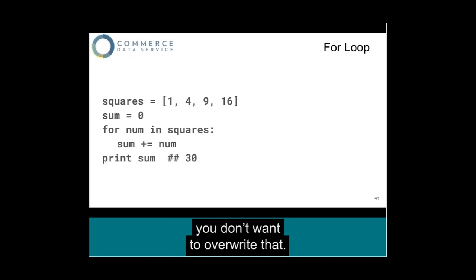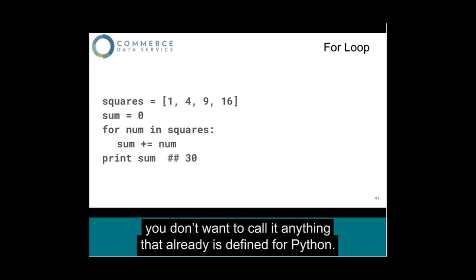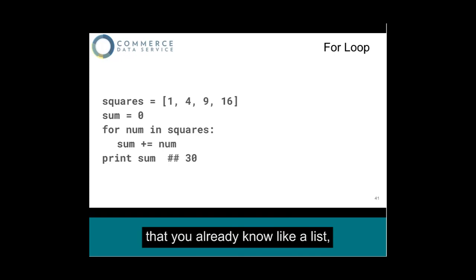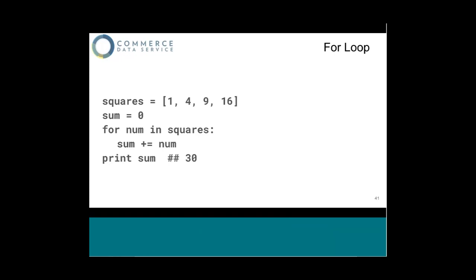You don't want to overwrite that. You don't want to call it len. You don't want to call it anything that is already defined in Python. In general, those things are rare and the names are very distinctive, so you probably won't overwrite them. But typically try to avoid things you already know, like list, like string str, and so on. Question?